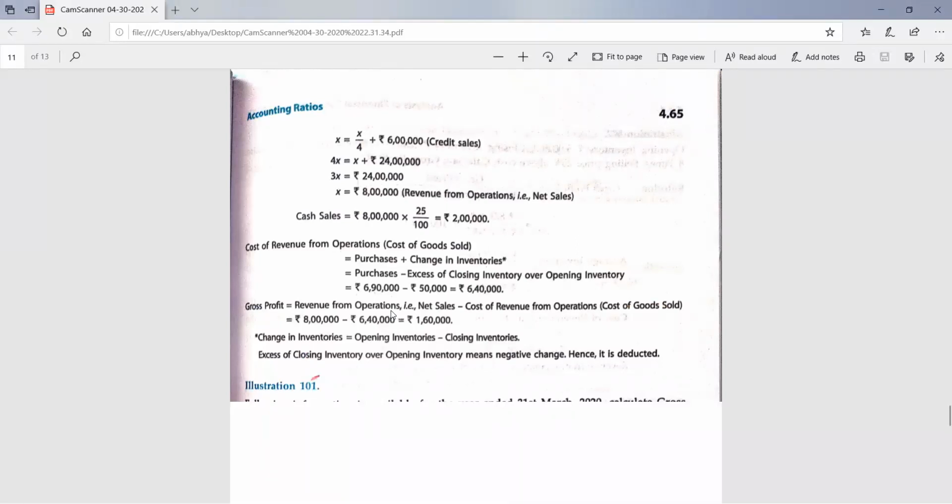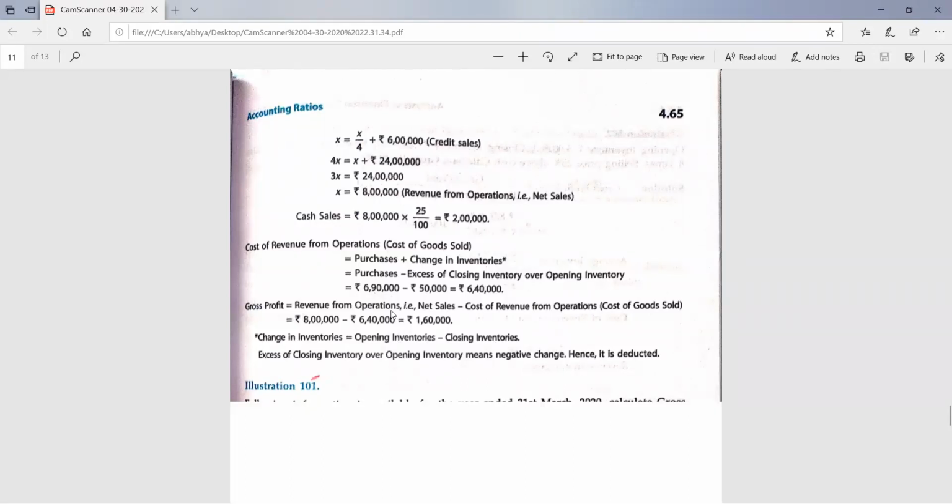For cost of RFO, everything is given. Purchases plus change in inventories. Opening stock minus closing stock is known as change in inventory. Purchases are given, 6,90,000 here. And excess of closing inventory over opening inventory is given, that is 50,000.